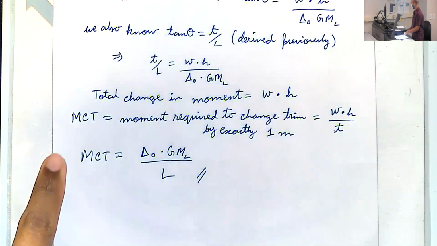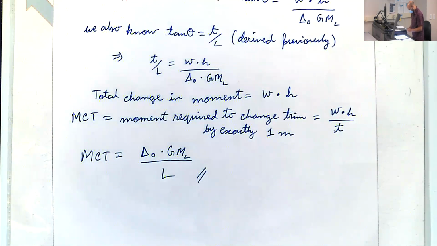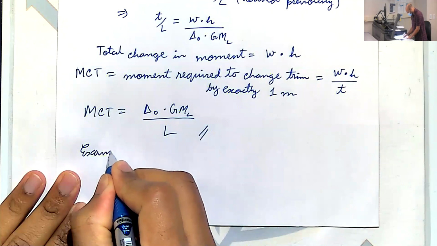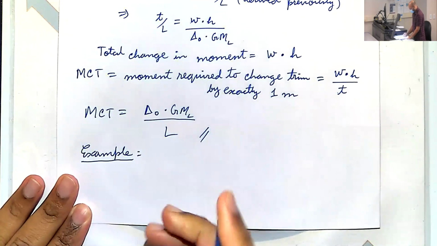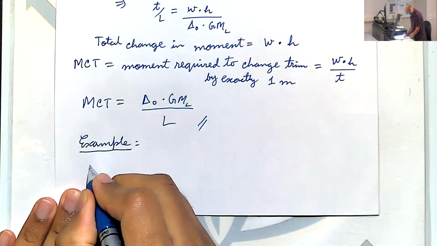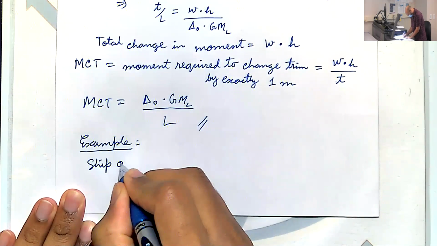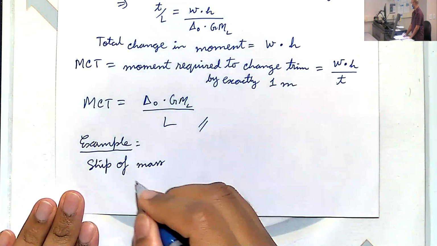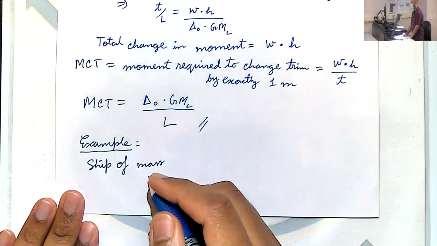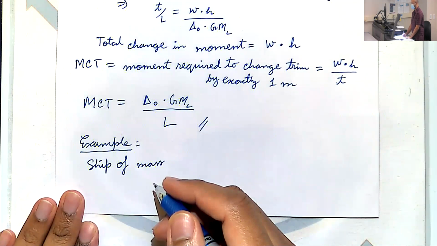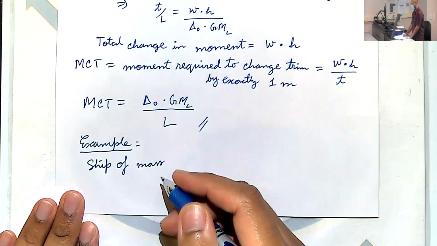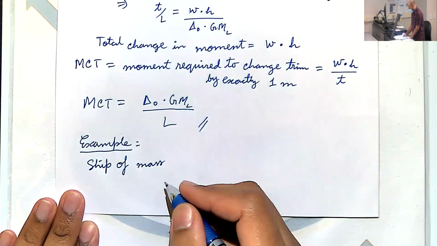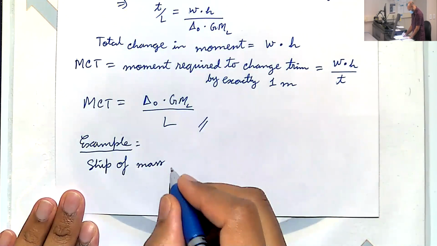So let's do a few examples to see how we use this to determine the trim angle. We're told that we have a ship of mass, and be careful when you work with units for mass or weight. You'll see it mentioned in tons, kilograms, Newtons, kilonewtons, so be careful with what the units are.